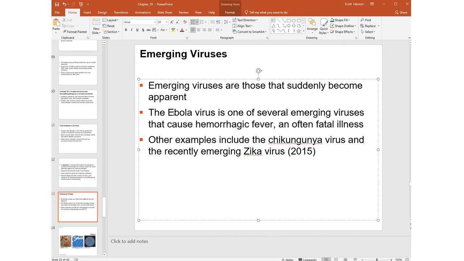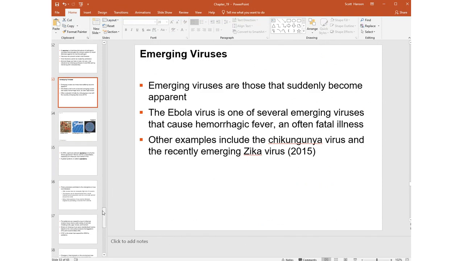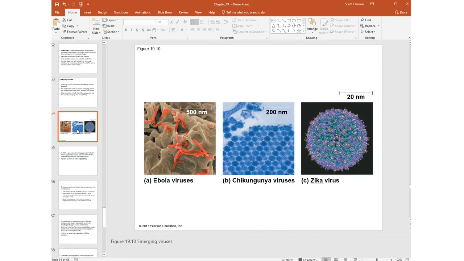So Ebola virus in Africa, you may remember, in 2014, 2015. You may remember the chikungunya virus from just a few years ago, and also the Zika virus that's transmitted by mosquitoes that became an emerging virus back in 2015, I think maybe 2016 as well. So there's quite a variety of things.